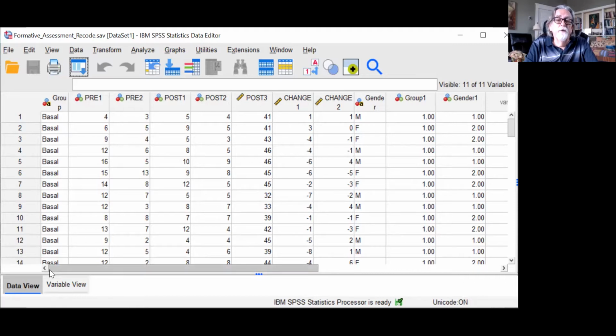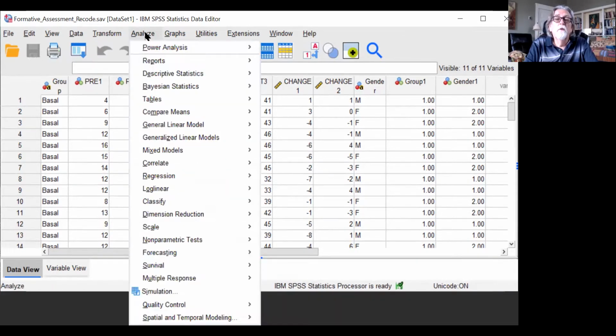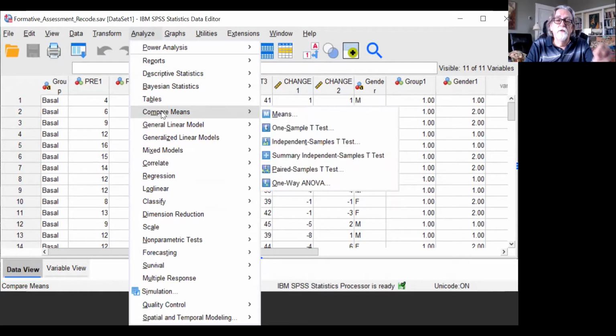Here is the alphanumeric grouping, or group one over here, either one. We'll just use the alphanumeric for this one. And so we'll do a analysis comparison of means. Now, the only ANOVA procedure that's in a comparison of means will be the one-way. For all the others, we'll use the next line down, which is general linear model. So we're going to use one-way ANOVA.